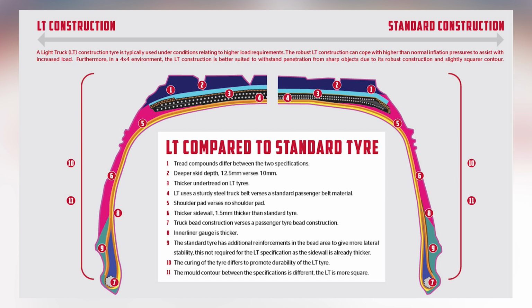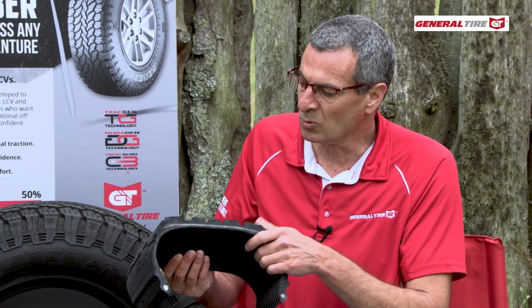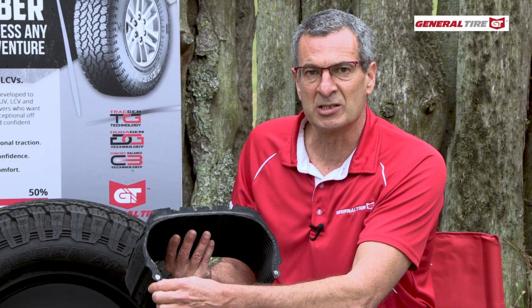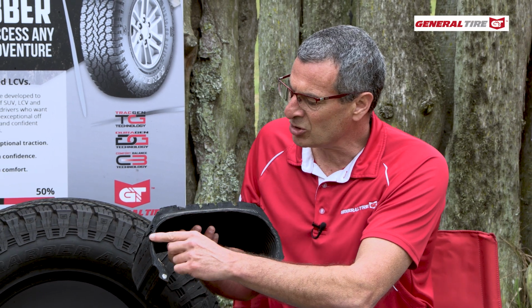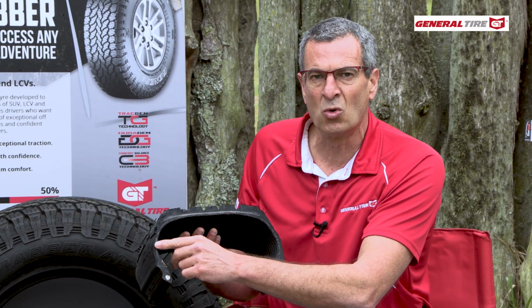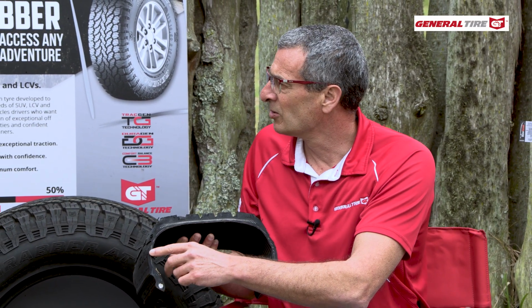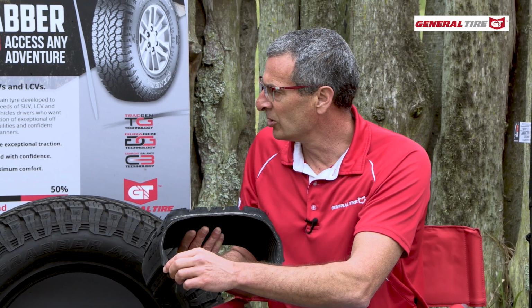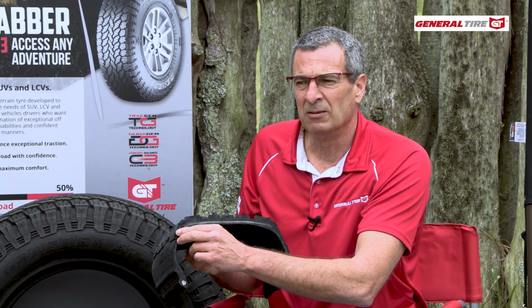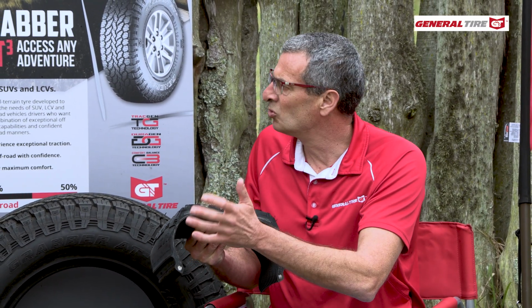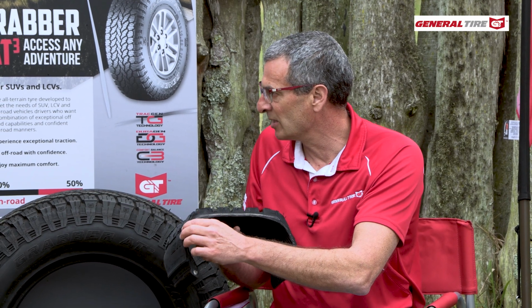On the light truck construction we have a much stronger cord construction. The sidewall is obviously thicker, and in this buttress area we have what is called a shoulder pad. This is an additional component that adds in the region of 2 to 3 millimeters of additional thickness of rubber.